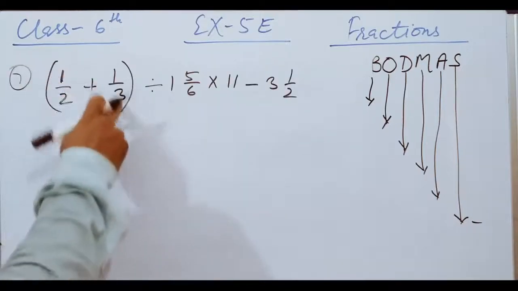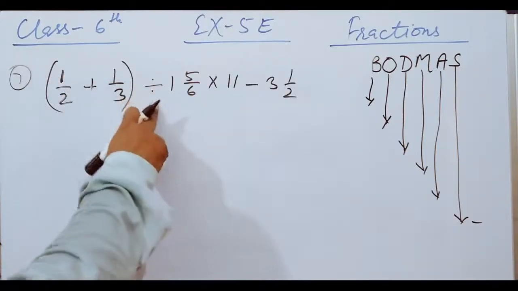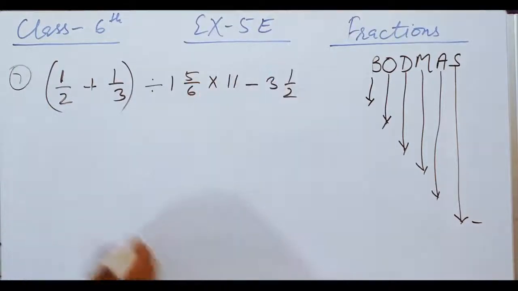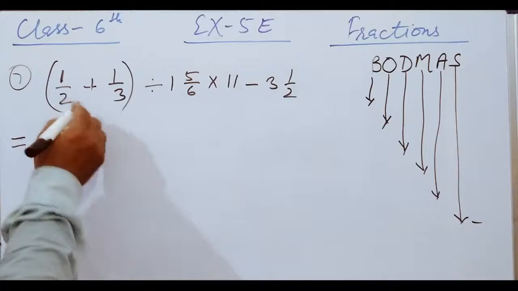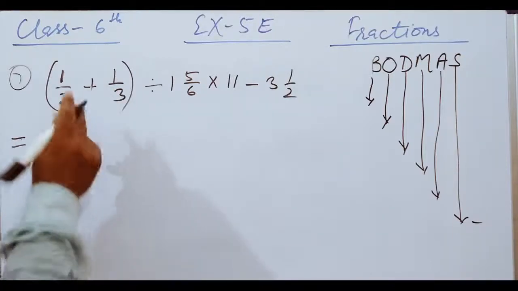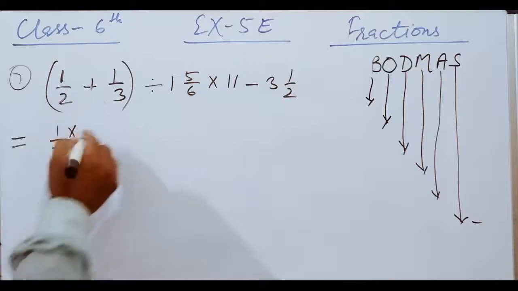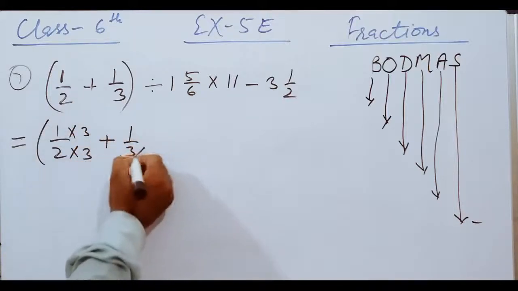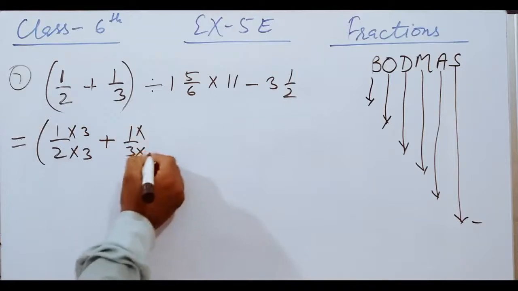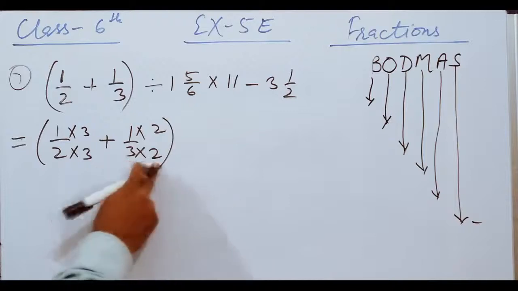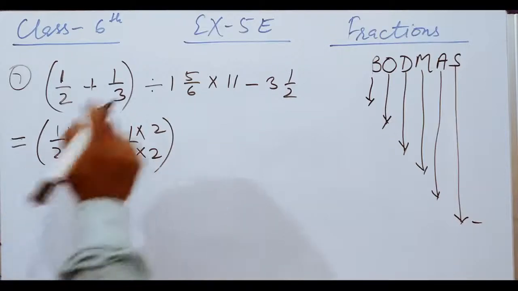1 upon 2 plus 1 upon 3, bracket close, is divided by 1 whole 5 upon 6 into 11 minus 3 whole 1 upon 2. So what to do here? See, 1 upon 2, to make the denominator the same, we'll multiply by 3 up and down. 1 upon 3, to make the denominator the same, we'll multiply up and down by 2. 3 2s are 6, 2 3s are 6.